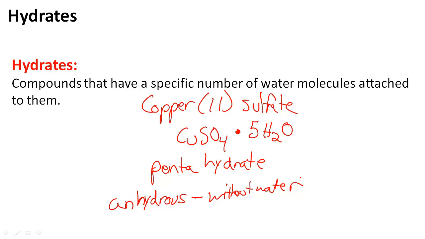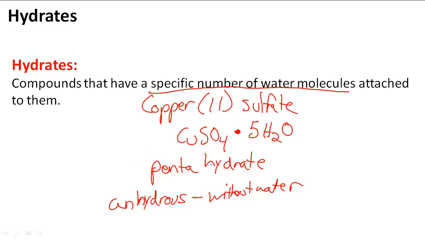So hydrates in those forms have a specific number of water molecules and have a name that signifies it, pentahydrate, that signifies that there are water molecules attached to it, and the symbol CuSO4 with this dot here tells you the number of water molecules that are attached to it.